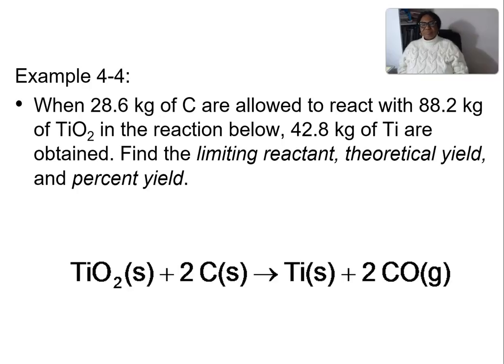Let's try another example. When 28.6 kilograms of carbon are allowed to react with 88.2 kilograms of titanium 4 oxide, not tin, titanium 4 oxide, in the reaction below, 42.8 kilograms of titanium are obtained.